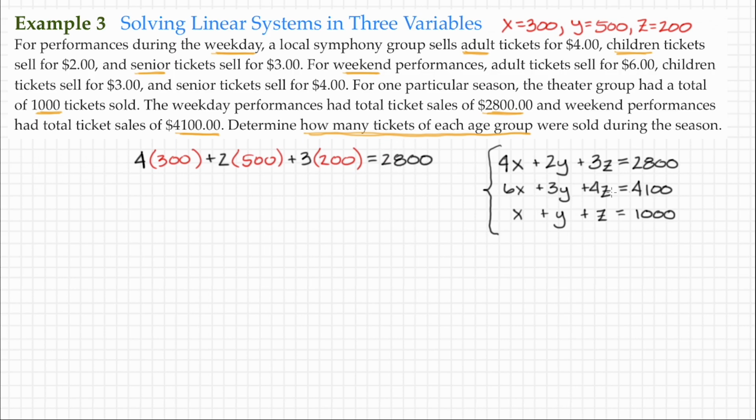So we'll try it for the next equation. 6x, and again, x is 300, plus 3y, and of course y is 500, plus 4z, and of course z is 200.